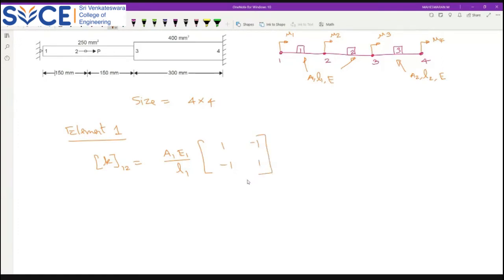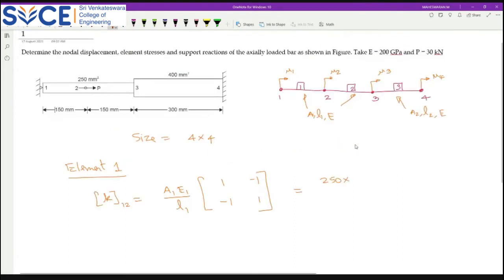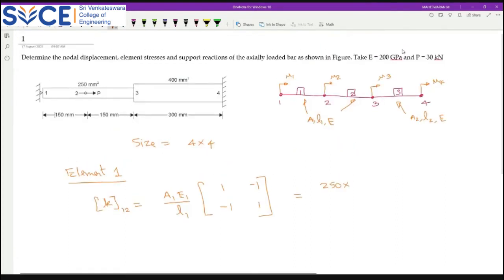This is my stiffness matrix. Okay, so I can write A1. A1 is 250. E1 is Young's modulus, which is 200 gigapascal. I can convert it. Because everything is in mm, it means 200 into 10 power 3 Newton per mm square.